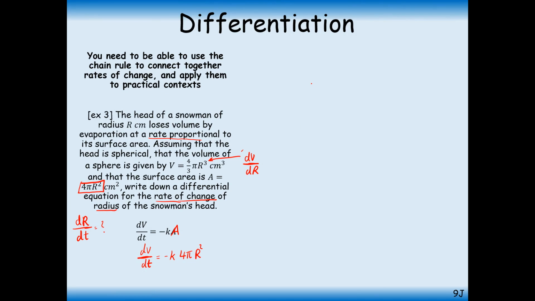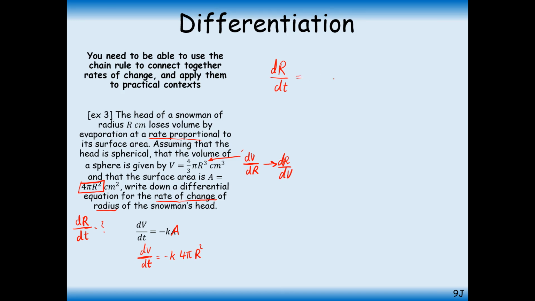Okay, if we start playing around with what we've been given, we notice that we can get some cancellations as we wish. Once we find this, we can find its reciprocal and find the rate of change of dr by dv.